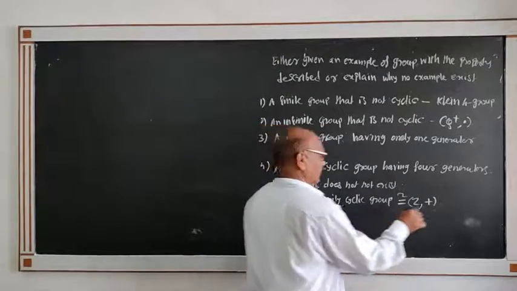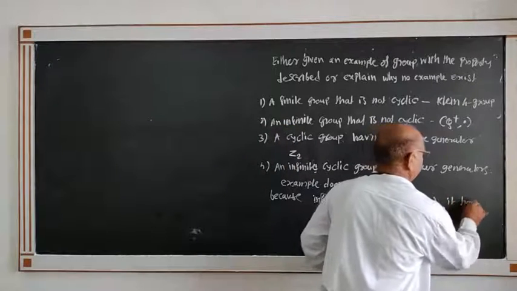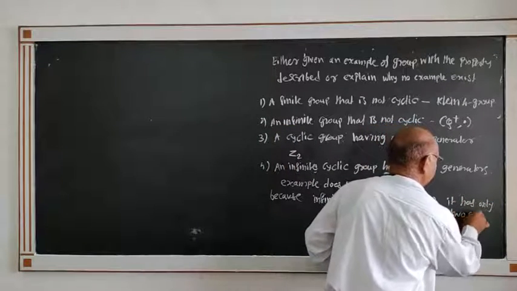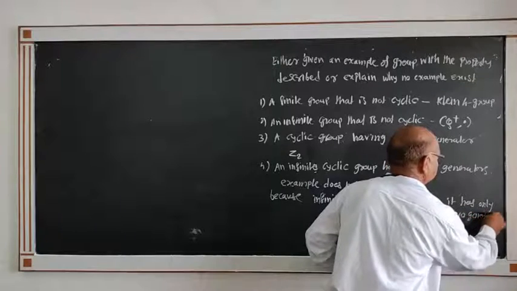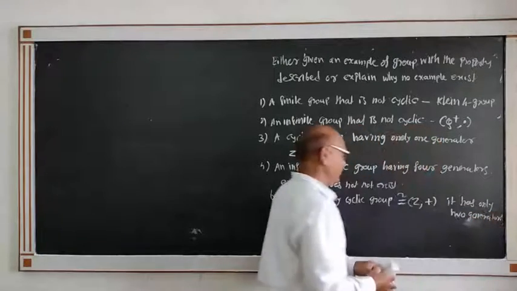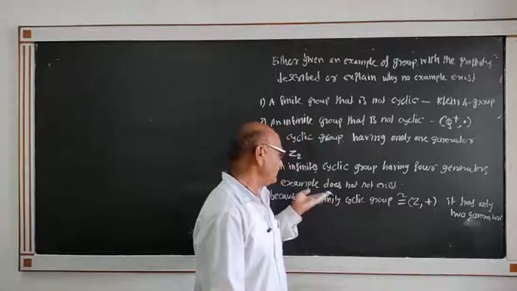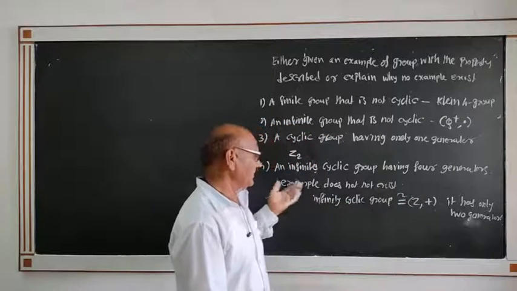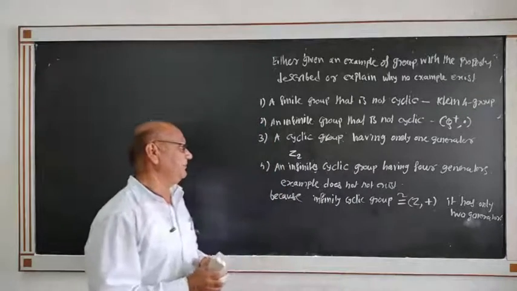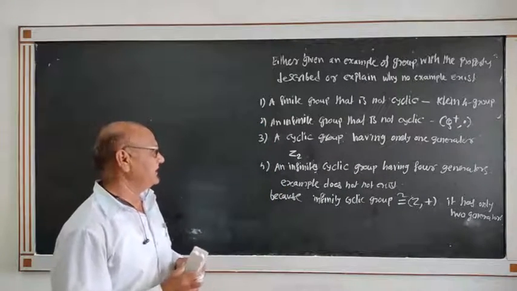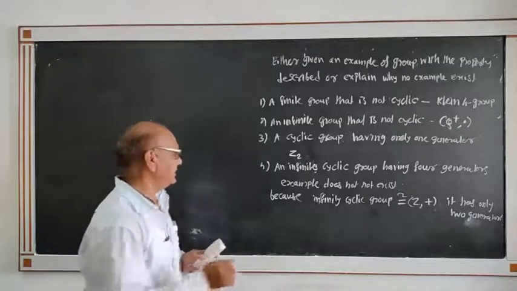So there is no example of an infinite cyclic group with four generators.